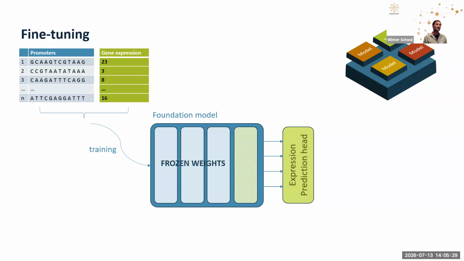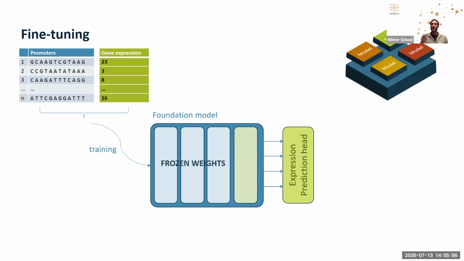But also, you'll see that in the blue area, where there were a whole lot of layers in the foundation model, the last layer I've turned into a greeny blue color. That represents the fact that we're not just training a new expression head tacked onto the end of the model, but also some of the weights of the original foundation model, right towards the end of it, get tweaked.